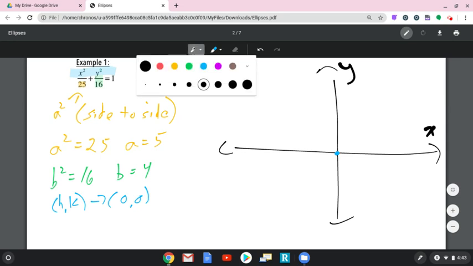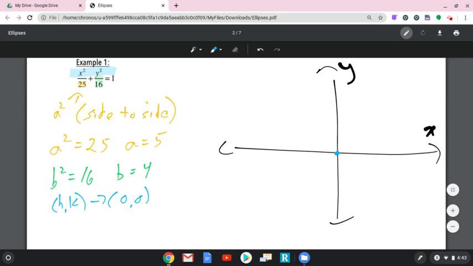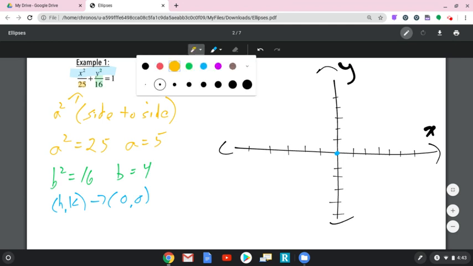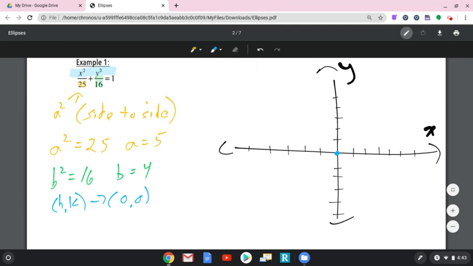So when you count over, you're going to be going A horizontally because it's side to side. Since A is a larger value, that's the one you're going to do horizontally. So I'm going to count 5 in both directions. I'm going to count 5 to the right. I start at 0, 0, and I go 1, 2, 3, 4, 5.